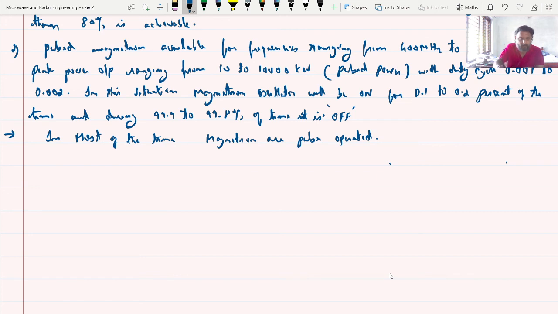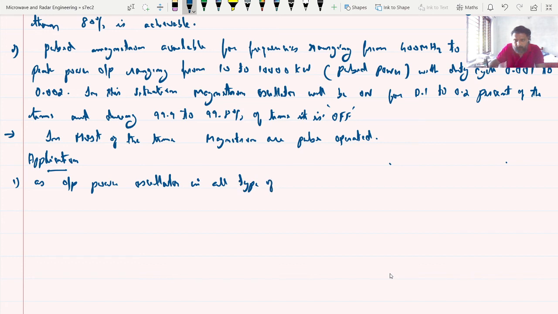Okay, so some of the application, the chief application I will write here. I will give you some of the advantage also afterwards. Used as output power oscillator in all type of radar, transmitters and beacons.